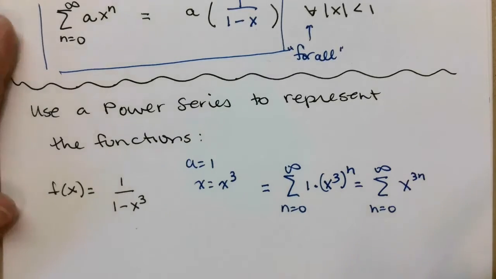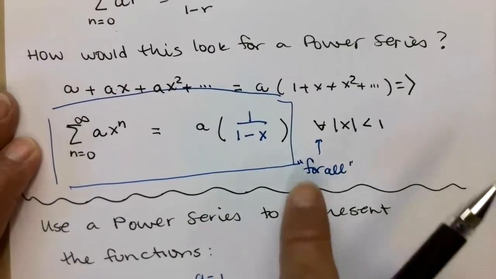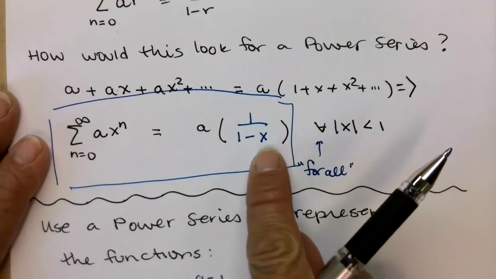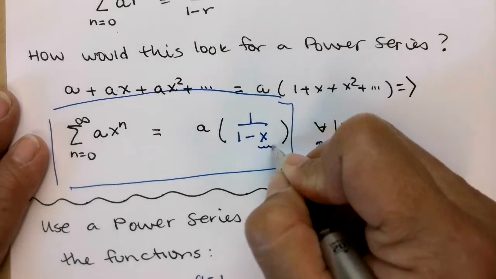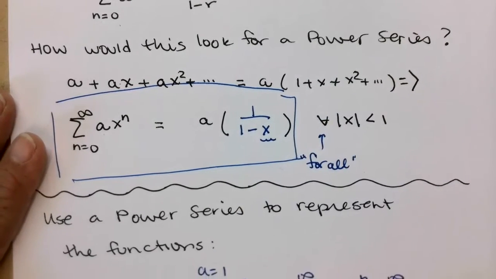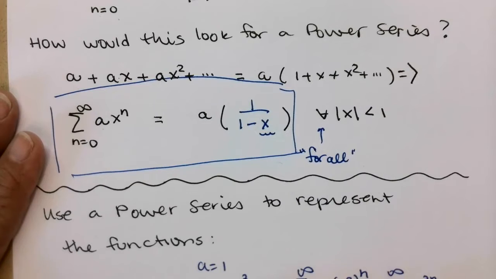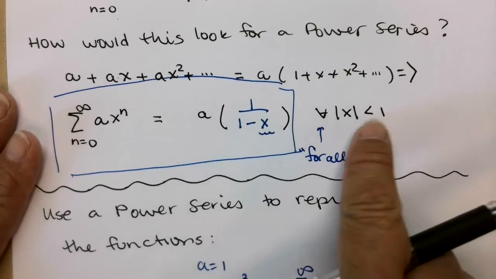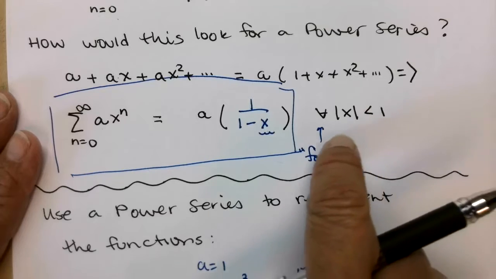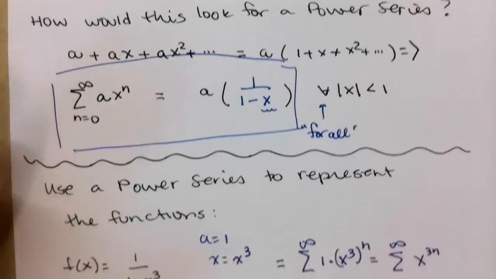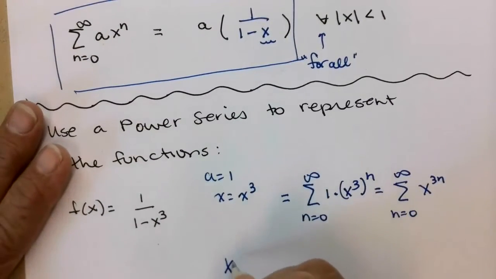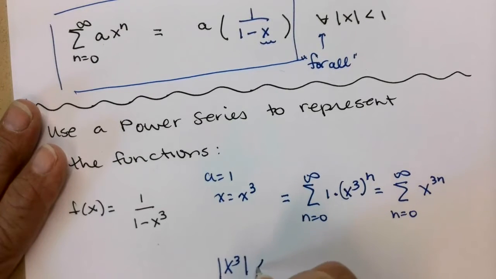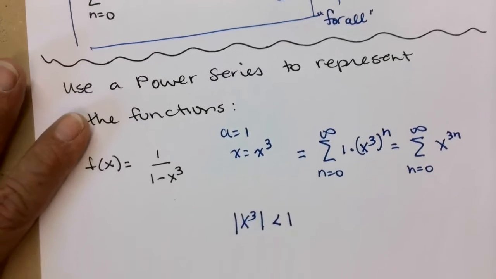Okay, so again, we're going to scroll. This was true whenever this part that was right here, and if you want, I could have used a u down here, whenever that x or the u is less than 1, that is our radius of convergence. So I would need my x cubed to be less than 1.